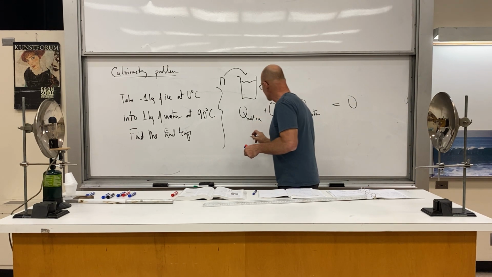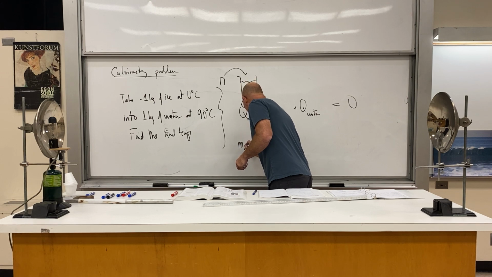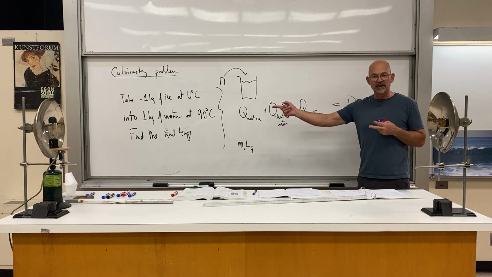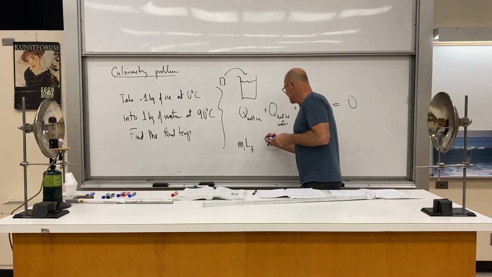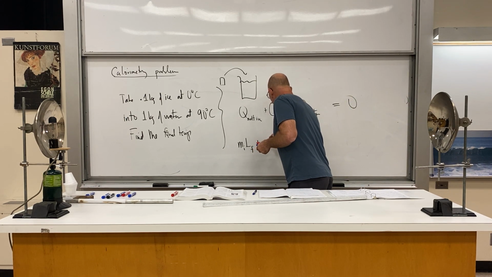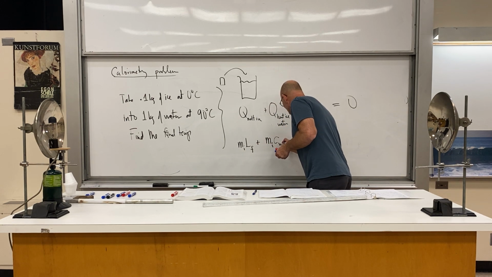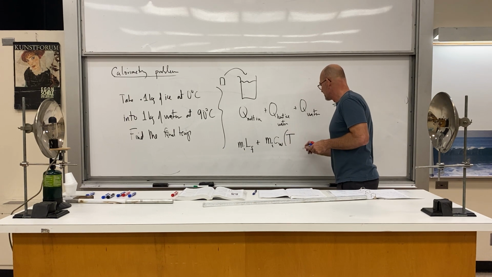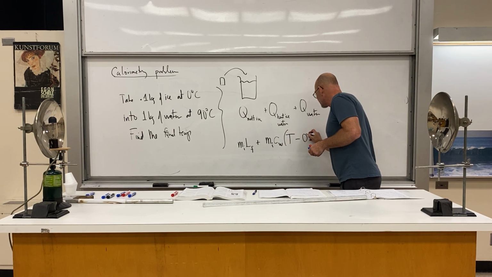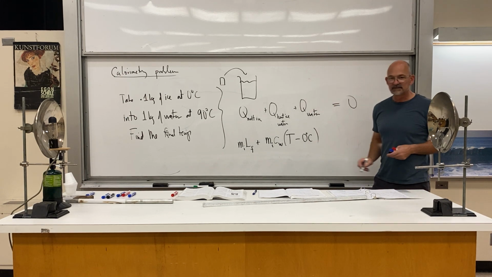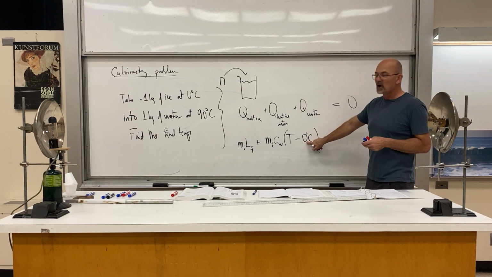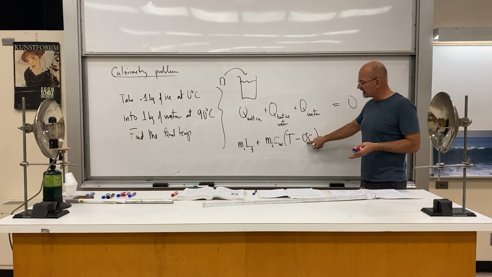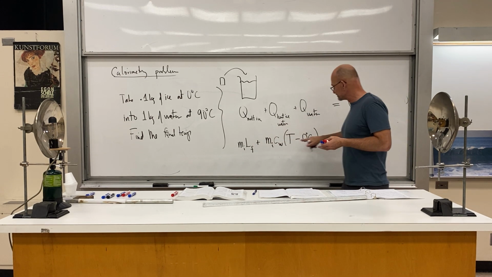So to melt the ice, we have mass of ice, latent heat of fusion of ice. That's at 1/10 of a kilogram. And to heat the ice that was water, it's mass of that ice, but it's now water, specific heat of water, T final minus 0 degrees. I'm going to write it out explicitly there because the water started out at 0 degrees Celsius right after that ice melted.